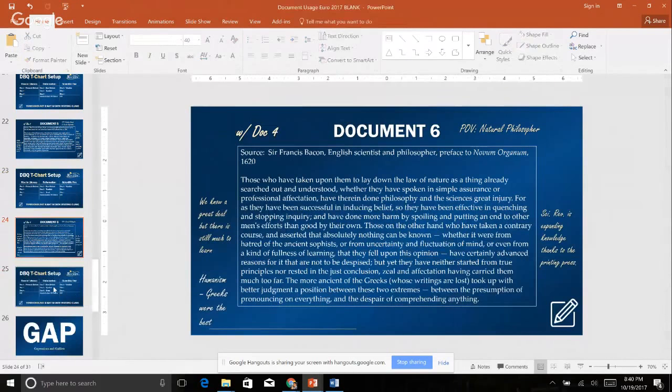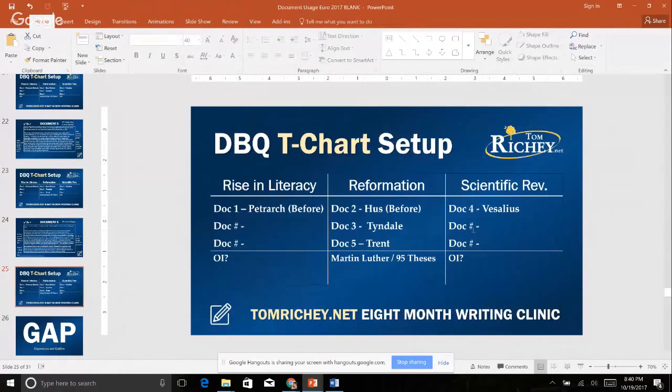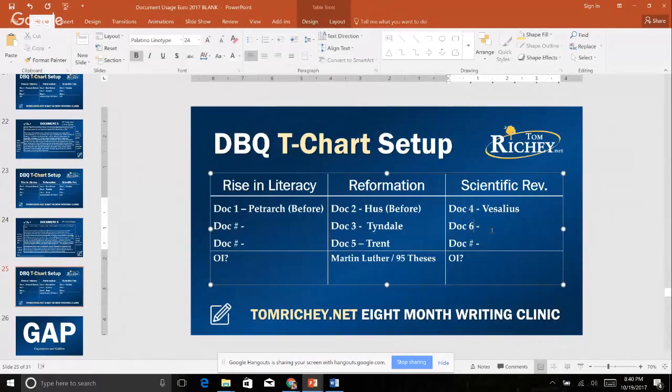As far as that goes, we've got document 6, and that is Francis Bacon. Okay, so we're going to put him in there, and we can use both of these documents to make the argument that learning is progressing at a rate beyond which it had progressed in a very, very long time.